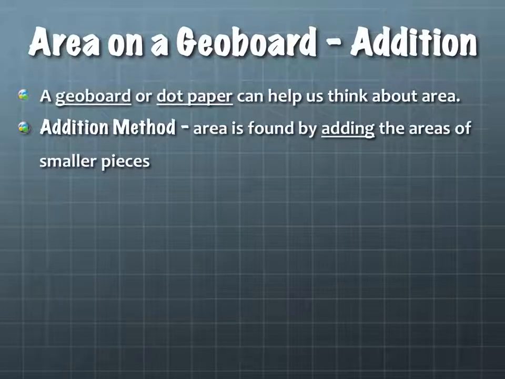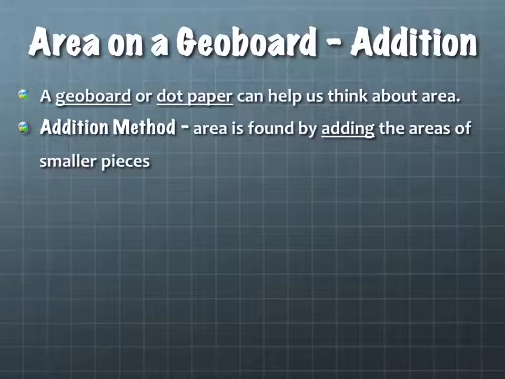Okay, you've probably used one of these 2 conventions before, a geoboard or dot paper. So a geoboard or dot paper can help us to think about area. And there are a couple of methods for using this kind of device to count up or to calculate area. And the addition method is one of those 2.